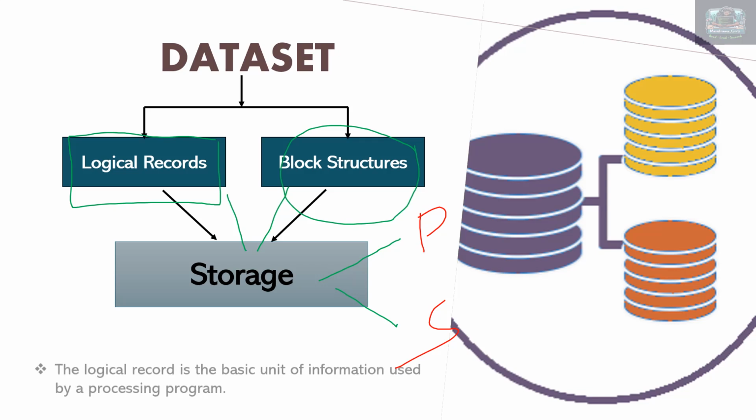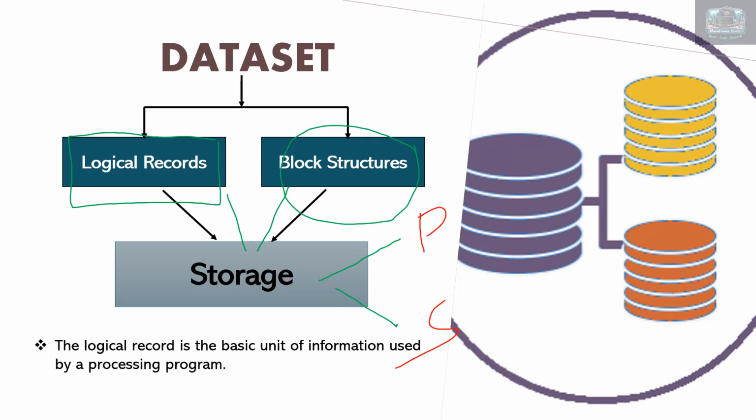And we have the logical record, which is a basic unit of information used in a processing program. So the information which is stored in the dataset can be used for programming purposes, for printing purposes, for transactions, for everything.